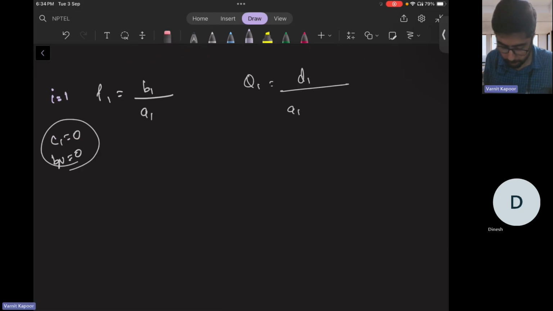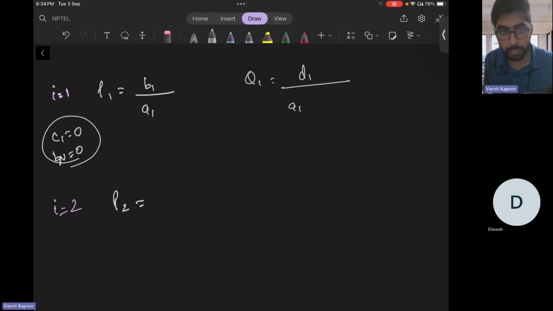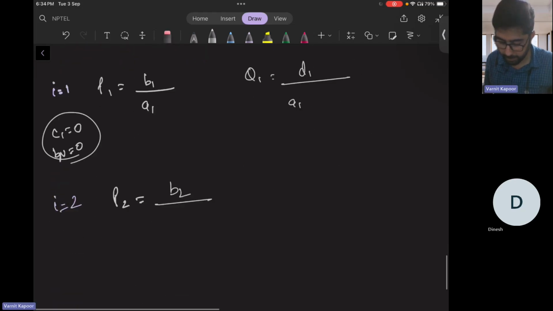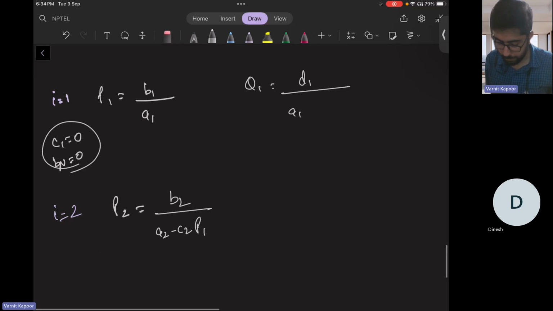Similarly, if you put I is equal to 2, P2 will be B2 over A2 minus C2 P1. So you know P1, and you know all the other coefficients B2, A2, C2 from the discretized equations.